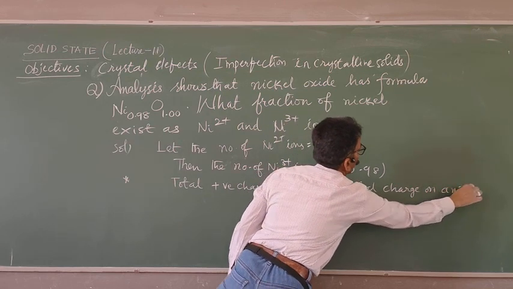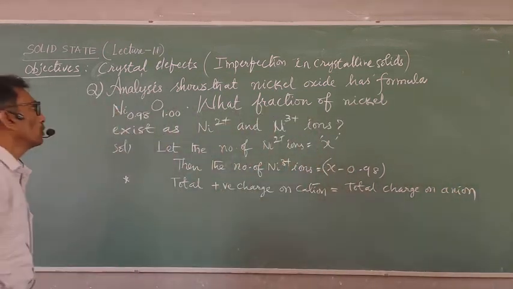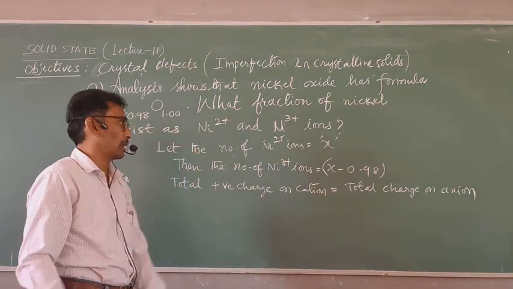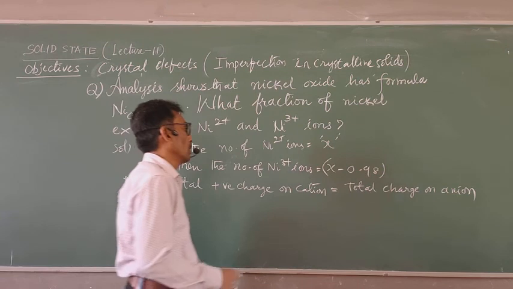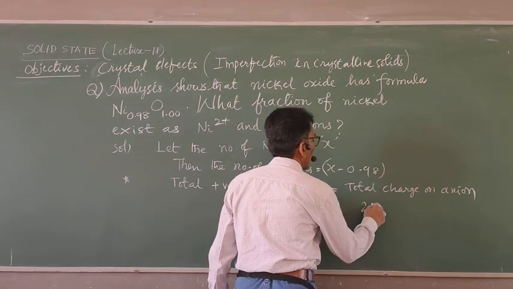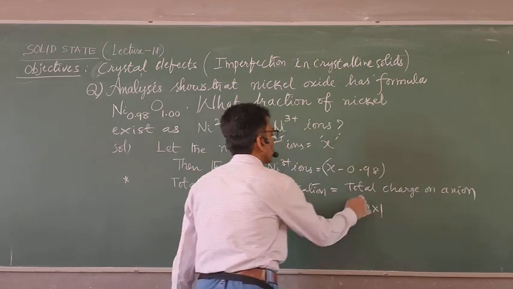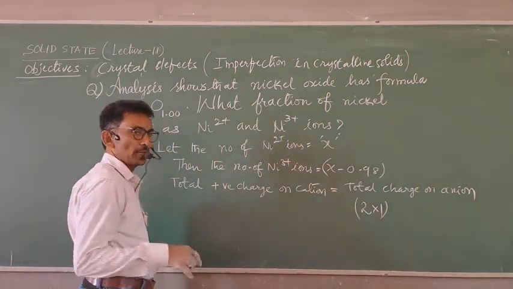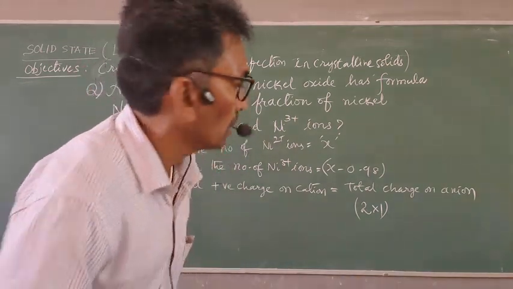What is the anion here? The anion is O2-. Unities are taken, the quantity of the charge. So here oxygen, that is 2, into 1. And here nickel, for understanding purposes, I would like to write with the details.